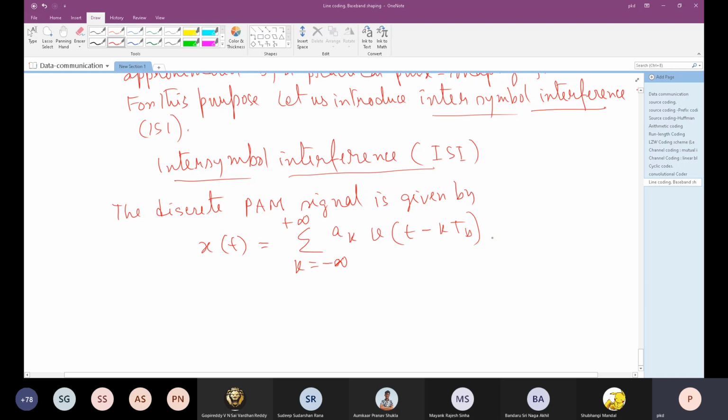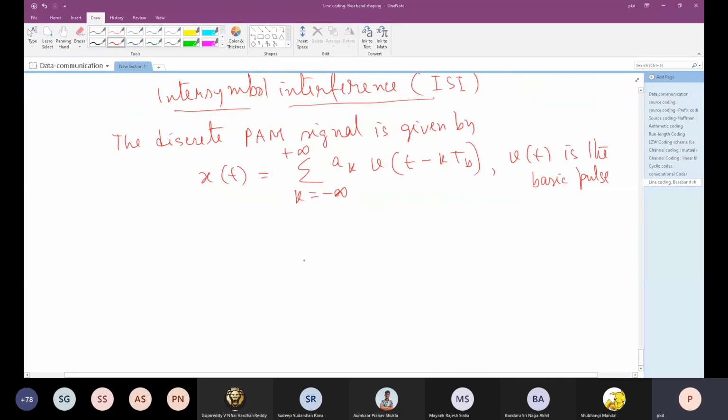So v(t) is the basic pulse, time shifted as an integer multiple of T_b. T_b comes from the bit rate, R_b. If R_b is the bit rate, the time period for each bit is 1 by R_b. So v(t) is shifted and multiplied by a_k, and those are summed up together to give a continuous signal x(t).